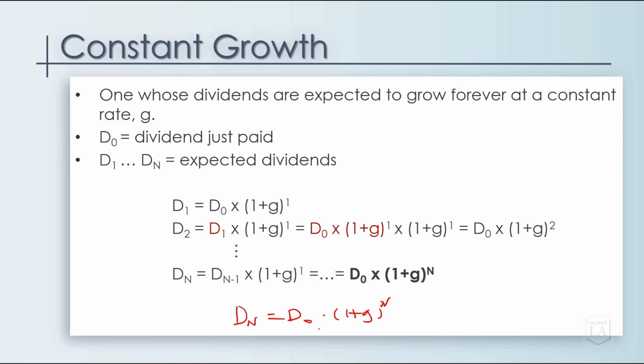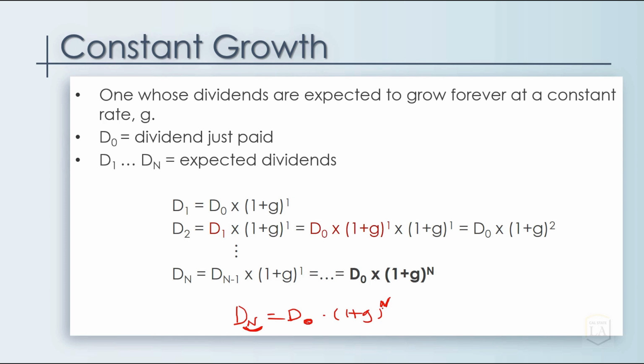This base dividend subscript is 0, and the power here is n, and 0 plus n is equal to dividend in year n. So if you are trying to figure out a dividend in a certain period of time, if you start with dividend 0, you multiply that by 1 plus g to the power of the remaining time period.